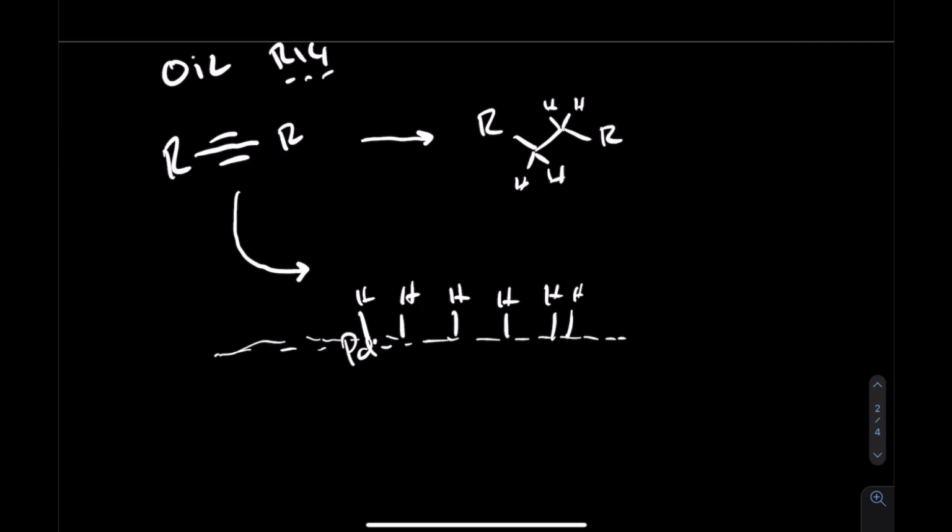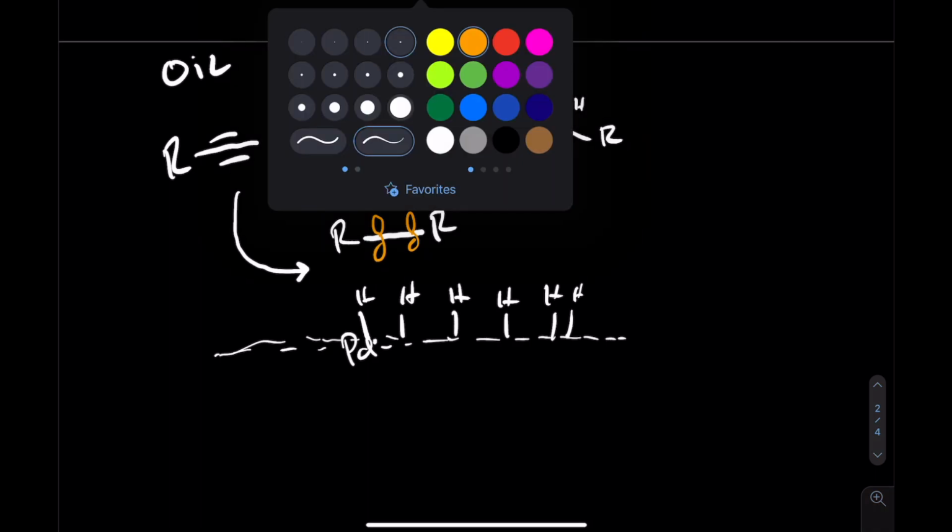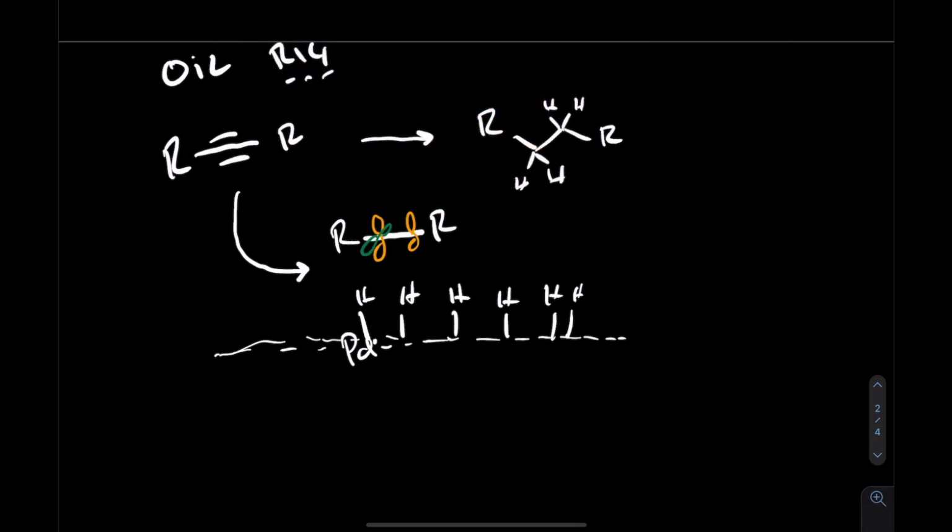And you end up with an R group that comes in, and you have your first pi system coming in, and that's going to grab two of your hydrogens. There's your first two hydrogens, and then it comes back off as an alkene.